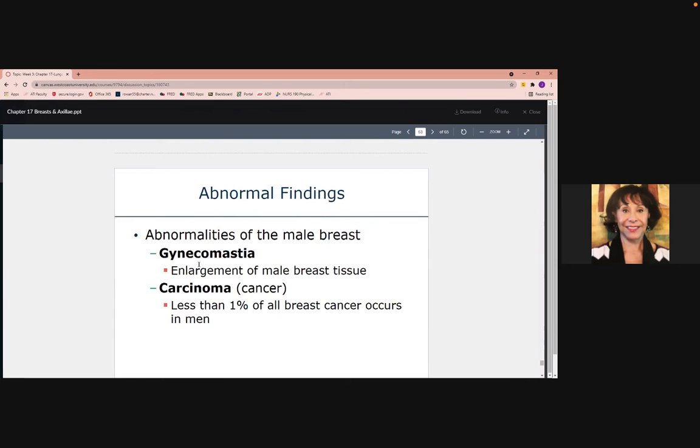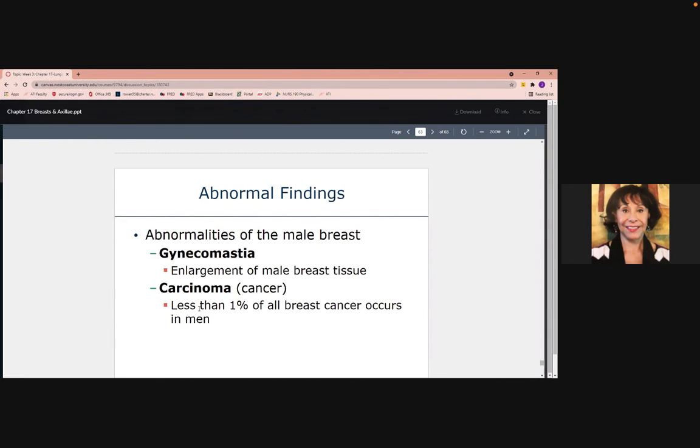I already mentioned you need to know gynecomastia, which is enlargement of the male breast tissue, and that is due to hormones that they take, maybe because they develop an enlarged prostate or cancer of the prostate, and as a treatment they are given hormones like estrogen, and so they end up with large breasts as a side effect, which is gynecomastia.